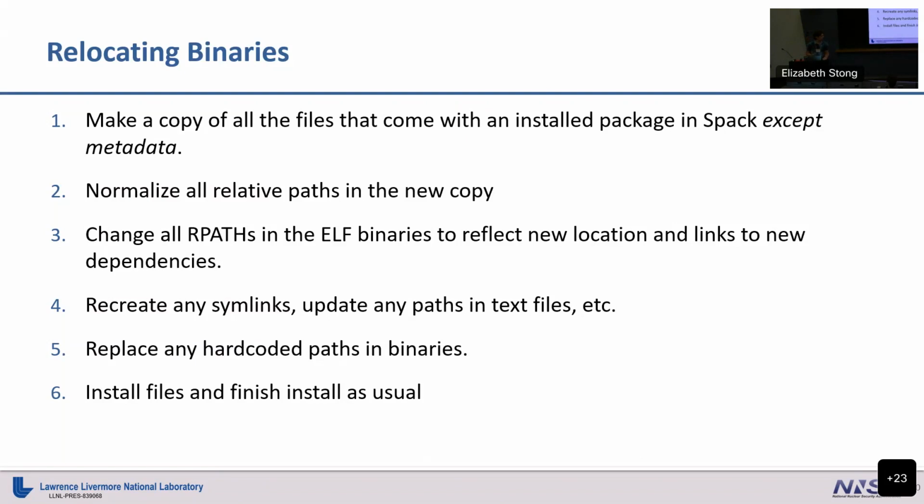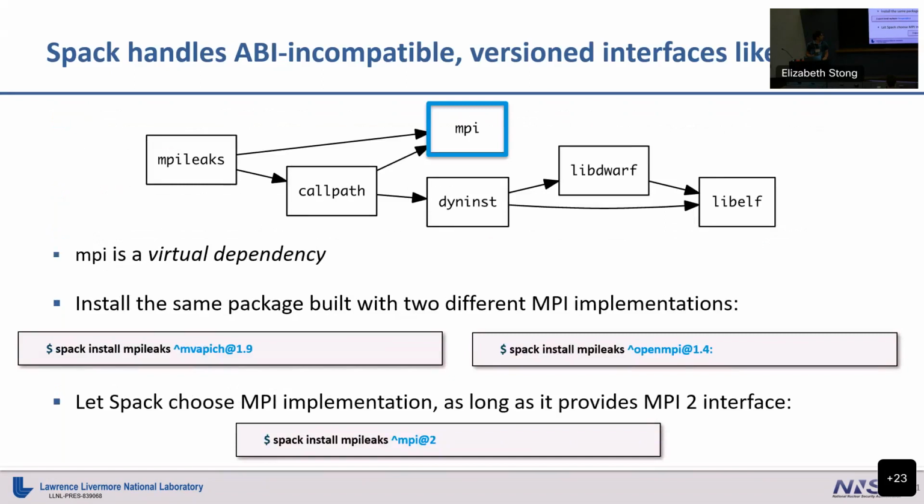So now let's talk about MPI specifically. Spack handles MPI and other things that share some qualities with it as what we call a virtual package or a virtual dependency. Basically, that's saying the thing that we all care about with MPI is that it's an interface and we can swap in different implementations.